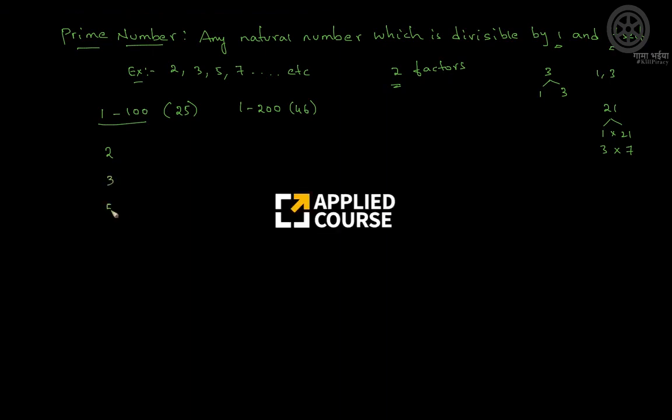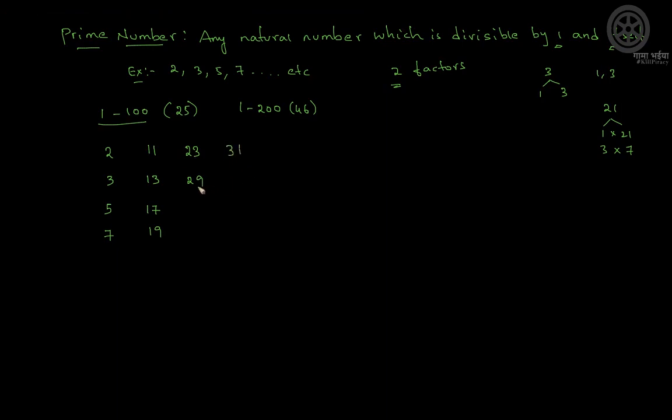2, 3, 5, 7, 11, 13, 17, 19, right? 23, 29, 31, 37, right? 41, 43, 47, 53, 59, 61, 67, 71, 73, 79, 83, 89, 97, right?